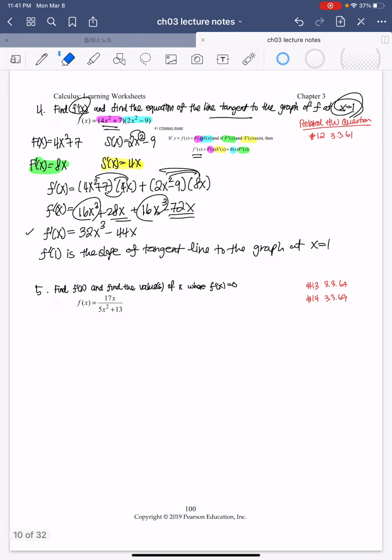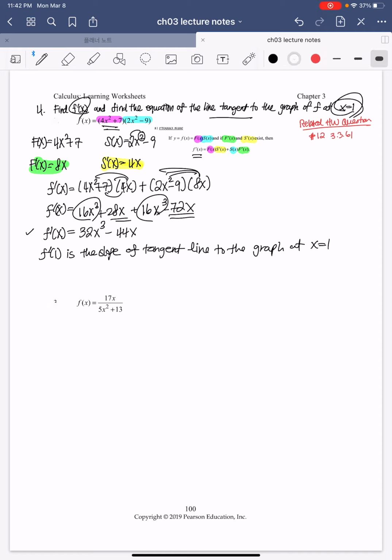I will erase this, and then let's cover it up. Okay, so I'm creating more space.